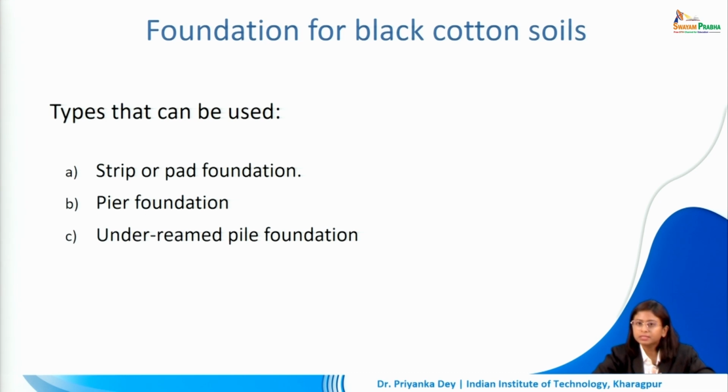We are going to discuss each of them one at a time. The first is a simple strip or pad foundation. Then we are going to discuss an example of pier foundation, followed by under-reamed pile foundation. Now though pile foundation is going to be discussed in detail in deep foundation lecture, we will take a brief look at under-ream pile foundation because of its particular suitability in black cotton soil areas.